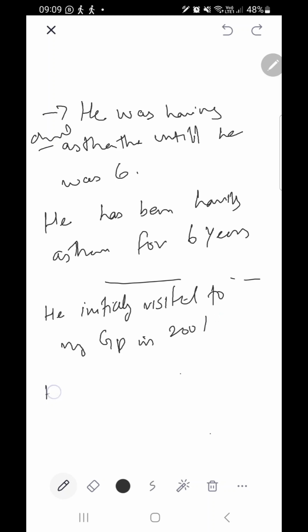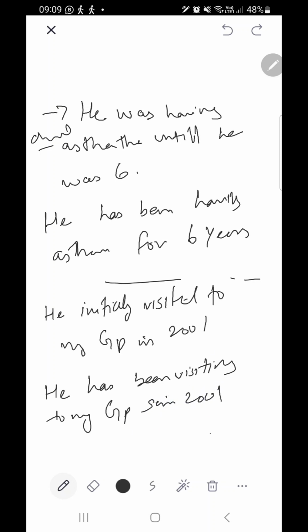So I can write it down. This sentence can be changed: "He has been visiting my GP since 2001." You can see that we can change. You can change the sentence from each other.